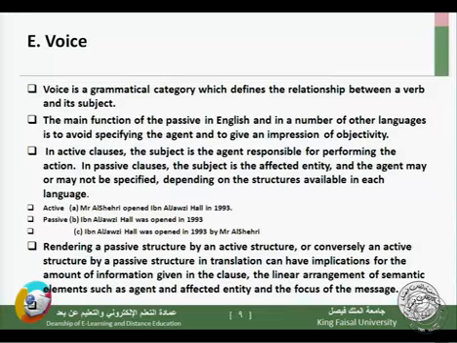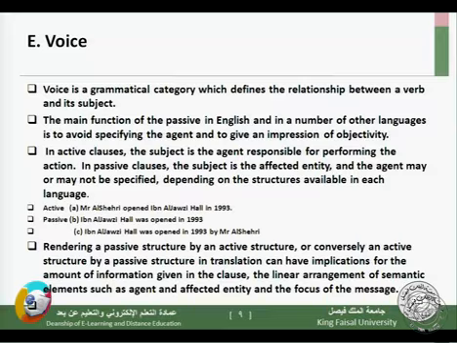Now, the main function of the passive voice in English and a number of other languages is to avoid specifying the agent and to give an impression of objectivity. Really, people use in English, mainly in English, passive voice to avoid specifying the agent and to show that, look, we are objective. We are not mentioning the subject or the agent.